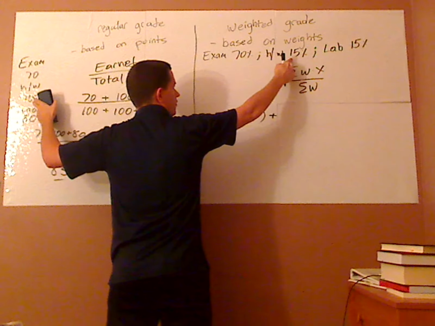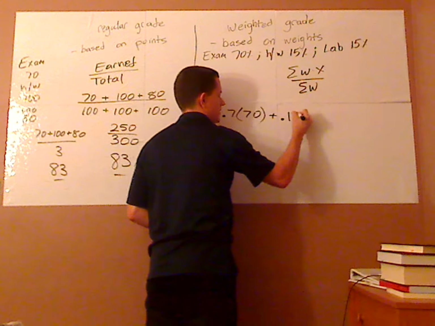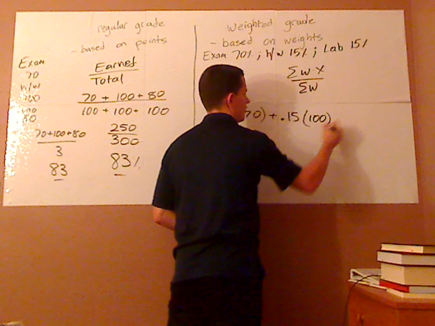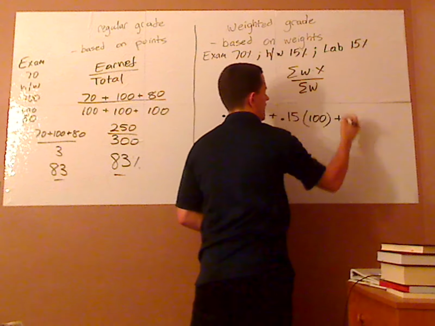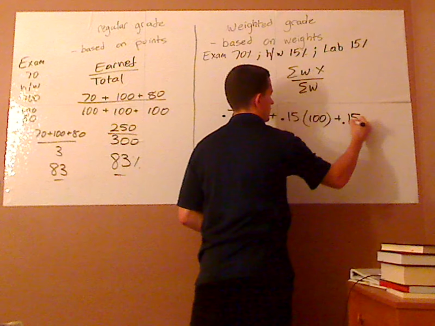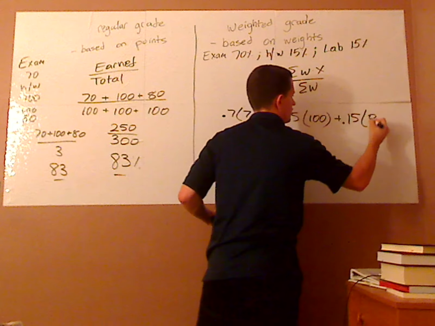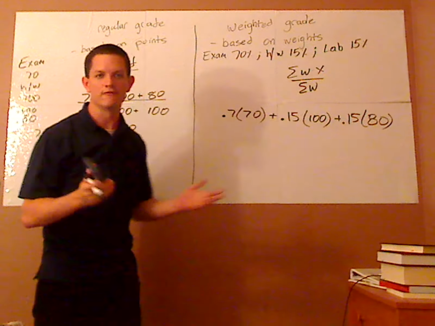The weight for the homework is 15%. So convert that percent to decimal, and then multiply it by the homework grade plus your lab grade, so that 15%, and then times it by what you got in your lab, your average for your lab.